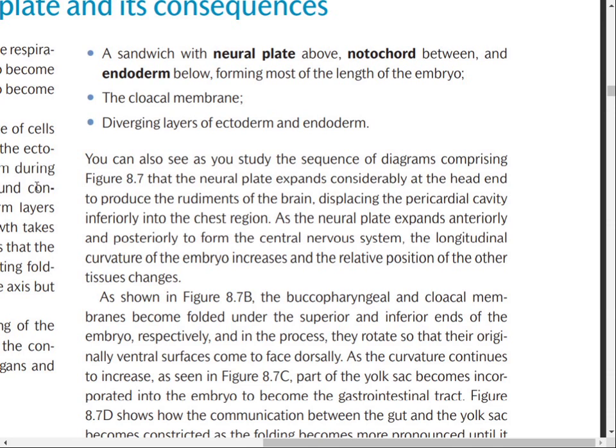The longitudinal curvature of the embryo increases and the relative position of the other tissues changes.